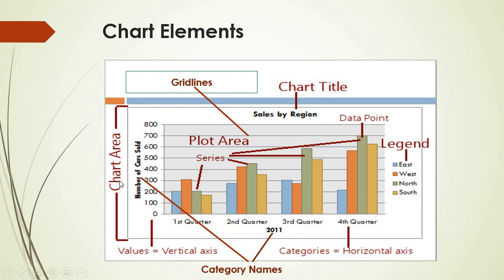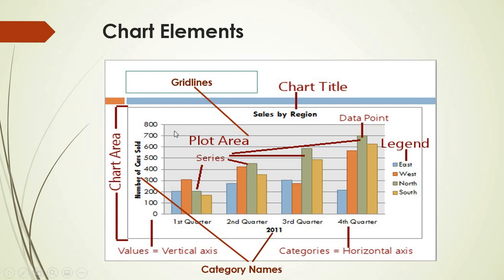See, chart area includes all the areas and objects of the chart. This is the chart area. Okay, so in this the different objects are there, and this area comprises the x-axis, y-axis, all the values. Okay, so this is called the chart area.